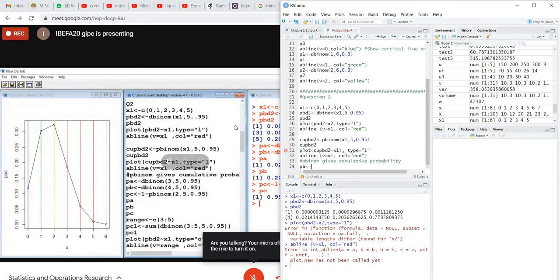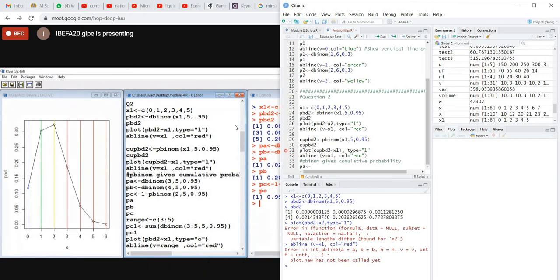Either 3, 4, 5 giving perfect drills in the sample is a cumulative probability. The other two are exact probabilities. So let me plot the probabilities.